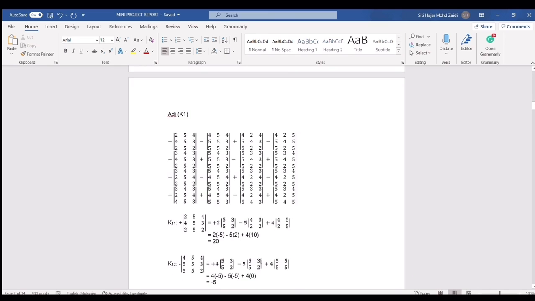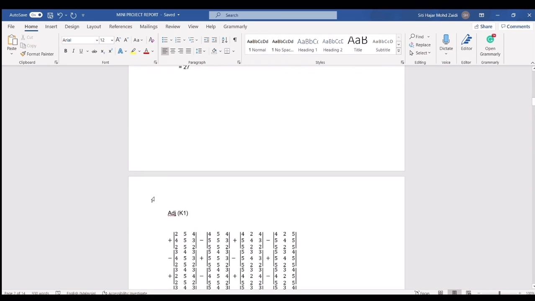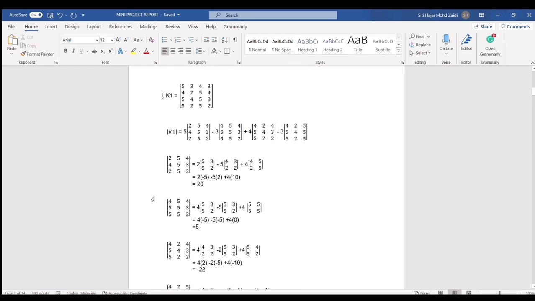So we will continue by finding the minors and cofactors of K1. What I did was basically the same as finding the determinant, except that when you are calculating the minors and cofactors, you have to close down each column and each row one by one.